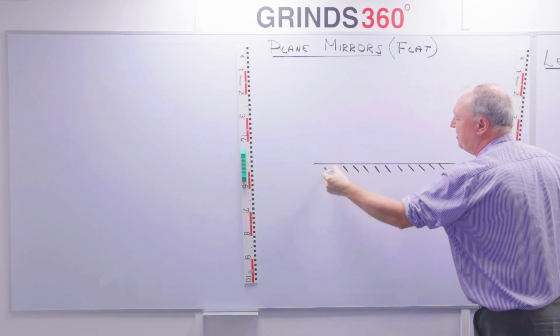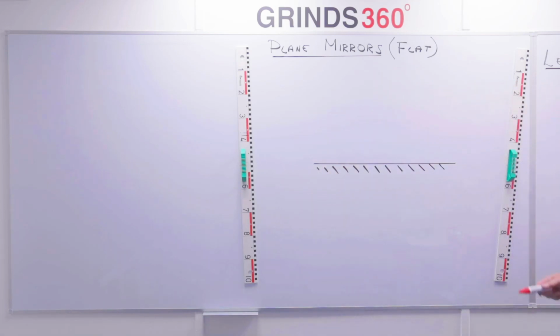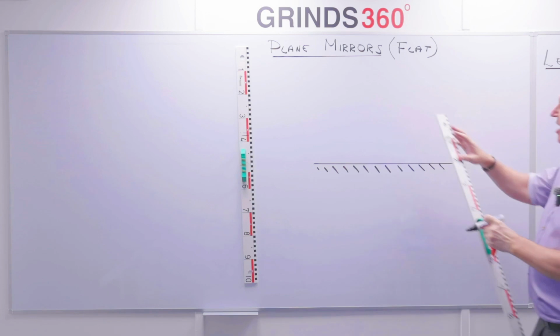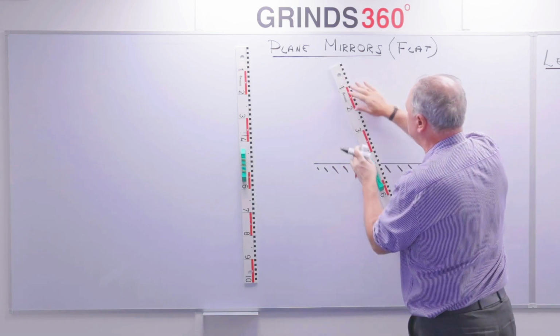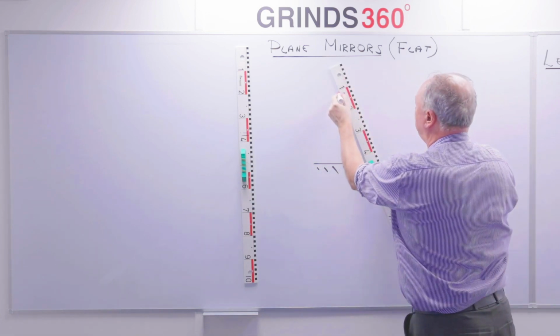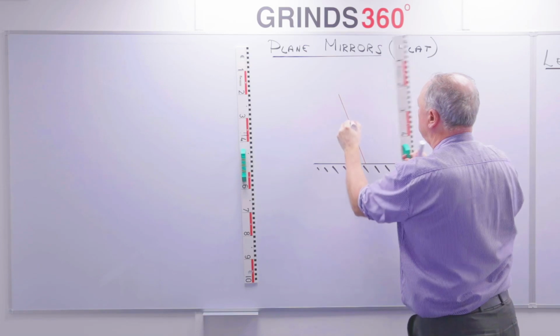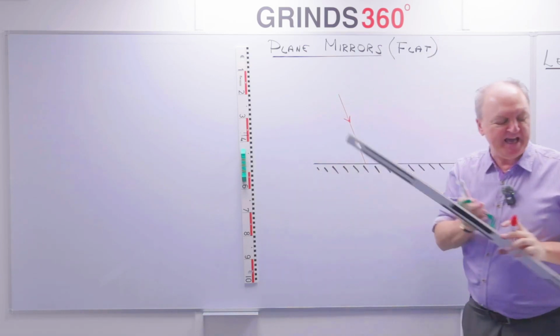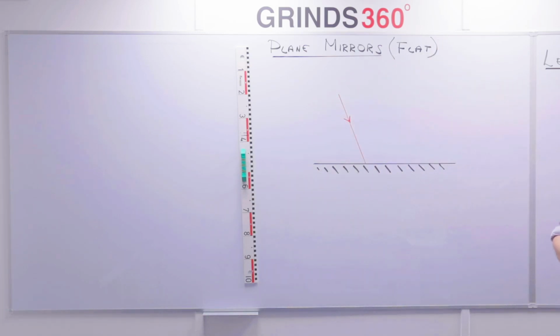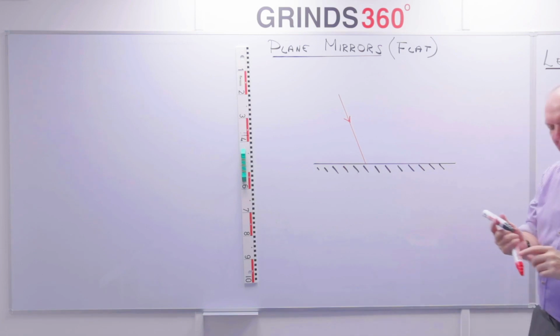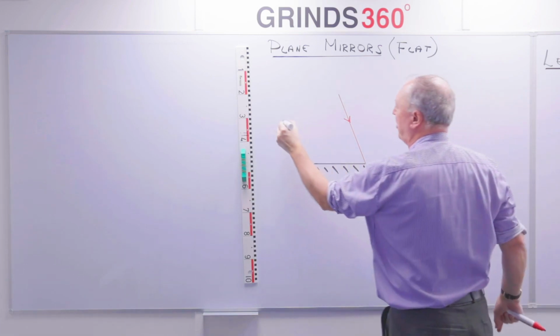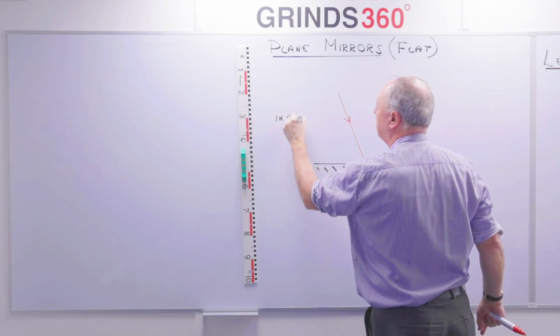This is the back of the mirror that doesn't reflect. So the reflecting part is above the mirror, and the back of the mirror is the non-reflecting part. So if I shine a ray of light onto that mirror, you're going to shine it from this side. I'll just represent it by a ray. So once again, you know what that is. That there is the incident wave, or here we just might call it the incident ray.